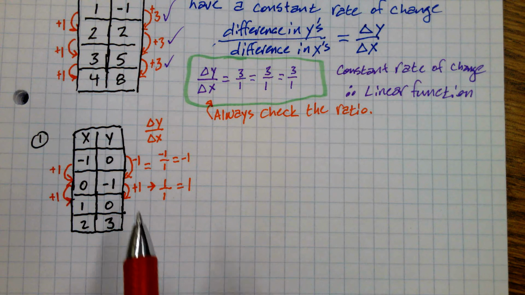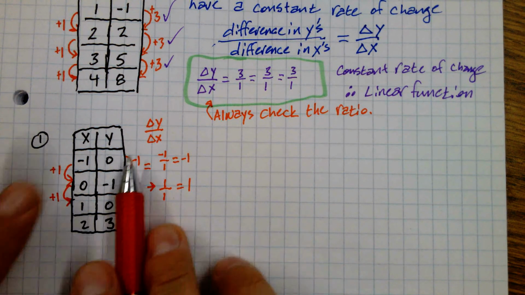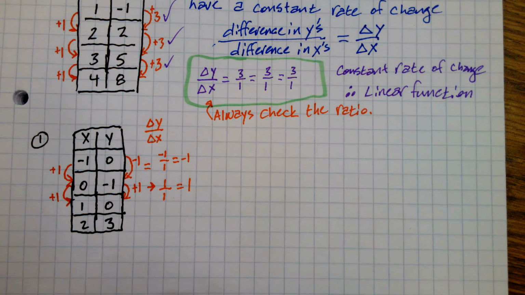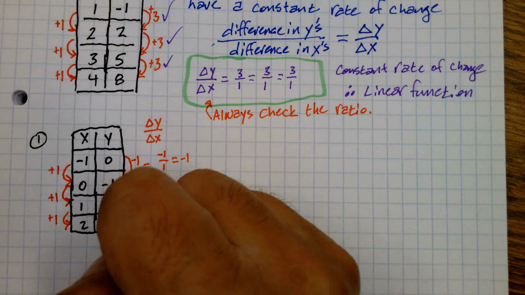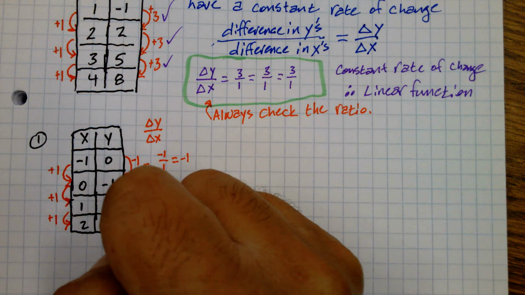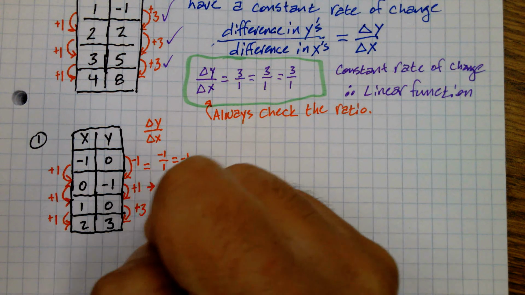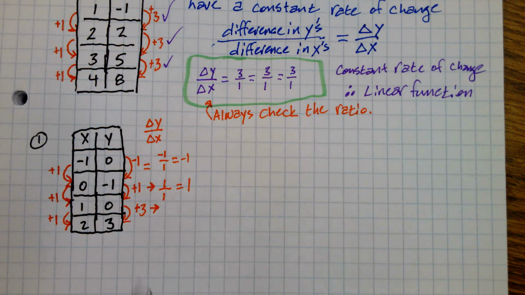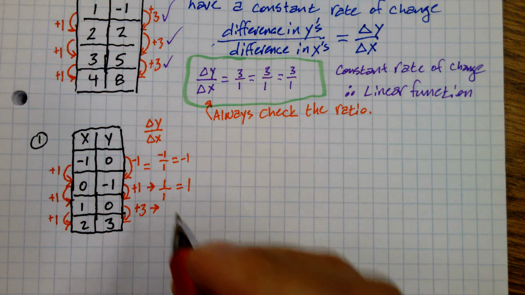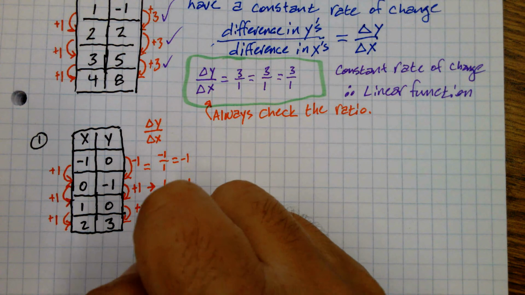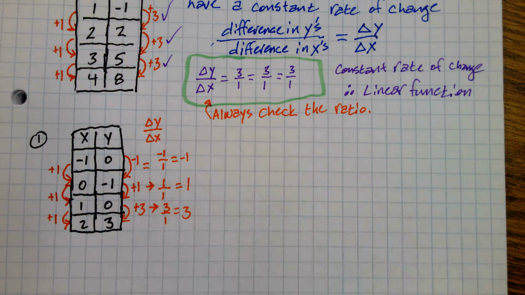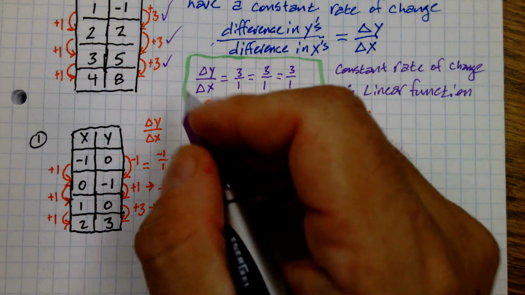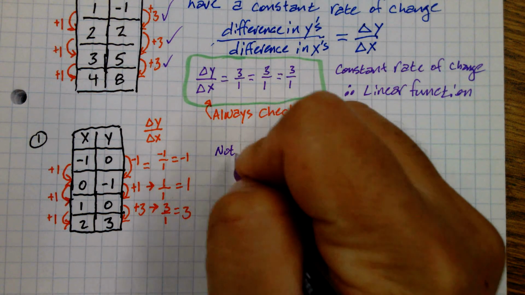So the moment you see that after doing each one of these, let's just do the last one. This one was 1 and this one is 3. So what would my ratio be here? 3 over 1, which is 3. Okay, so definitely not constant. So we got not a constant rate of change.